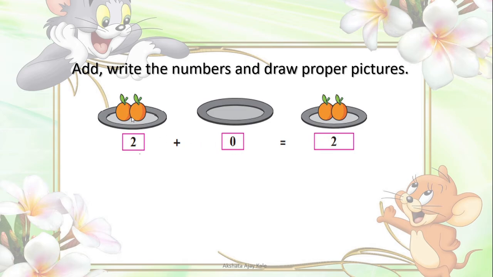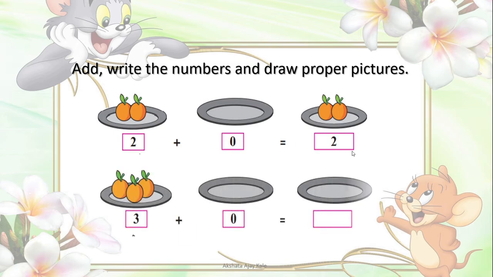So 2 fruits plus 0 fruits together give us only 2 fruits. 0 means nothing. We have not added anything here. So 2 remains as it is, correct? So 2 fruits or 2 plus 0 is equal to 2.